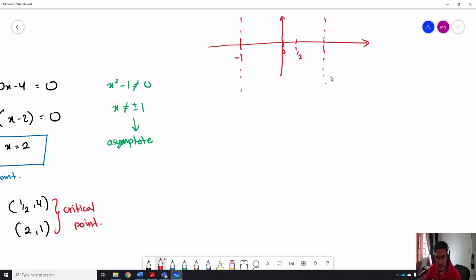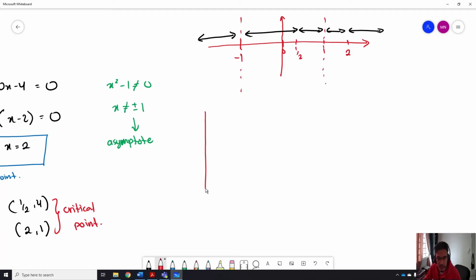Then we have another point at 2. So we have a region of intervals in this area. We have 1, 2, 3, 4, and 5 intervals.